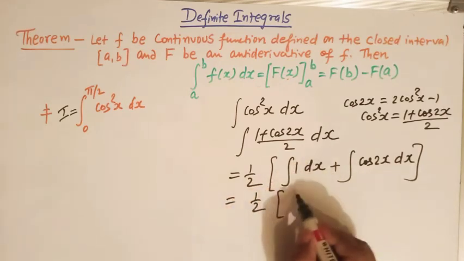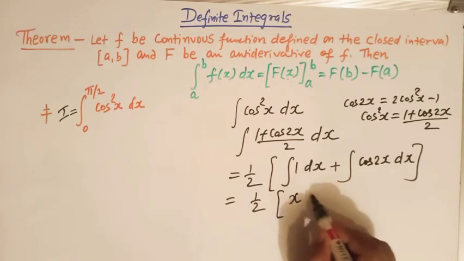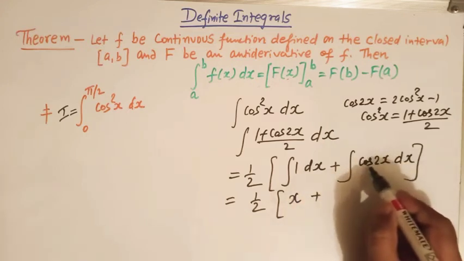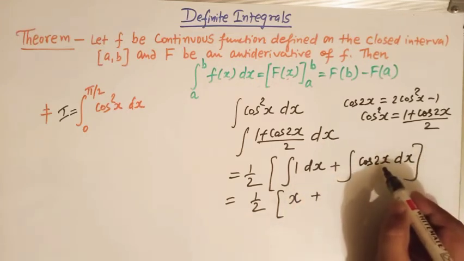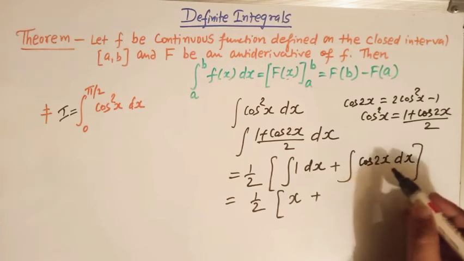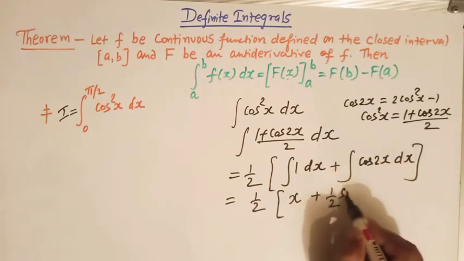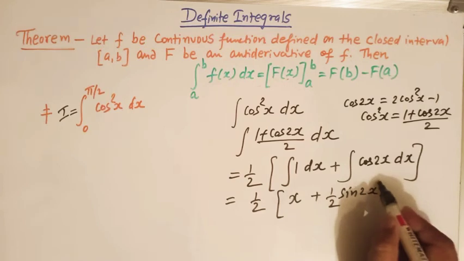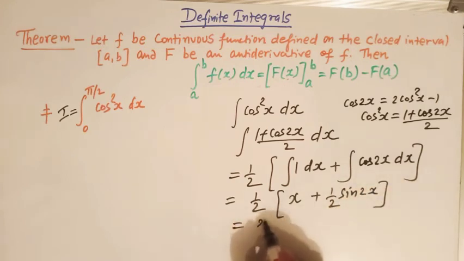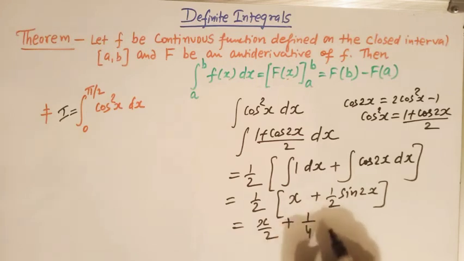The integral of 1 is x, plus the integral of cos theta is sine theta, and we have half sine 2x, right? So this can be written as x over 2 plus 1 by 4 sine 2x.